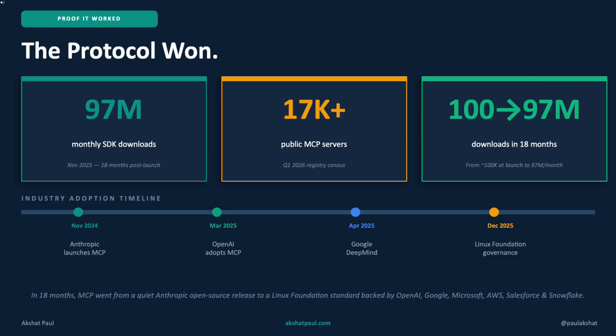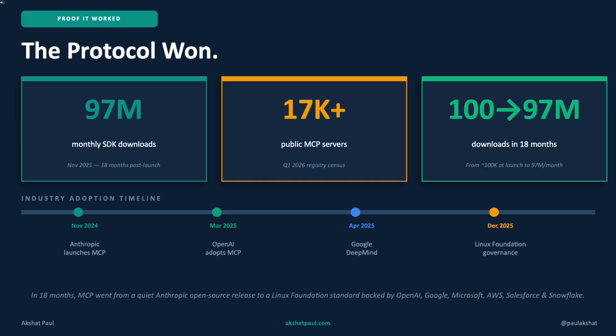Numbers don't lie. Let's look at what happened once MCP was out in the world. Anthropic launched MCP in November 2024, quietly, as an open source release. Downloads in that first month? Around 100,000. Respectable for a new protocol, but nothing earth shattering. Then the flywheel started.